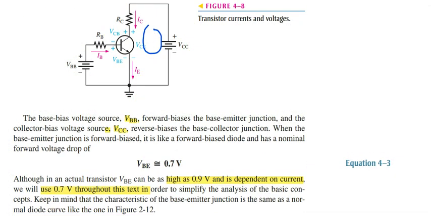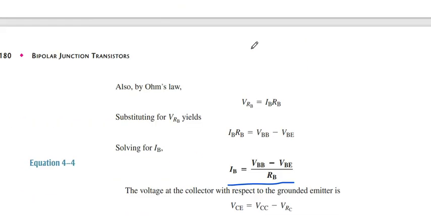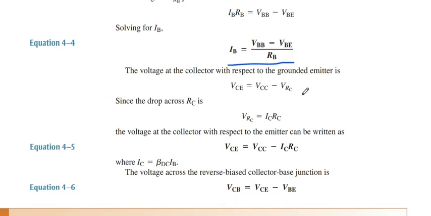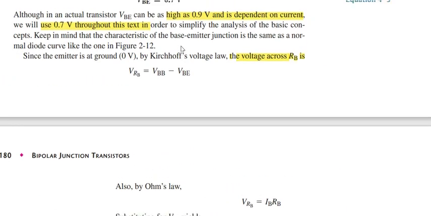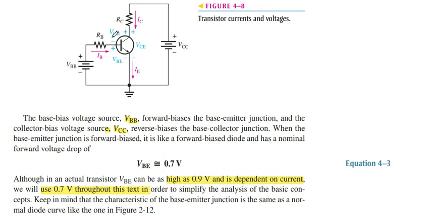When VCC voltage passes through this resistance, it is minus, and then we cross this voltage VCE. If we apply Ohm's law on RC, we get VRC equal to IC times RC, and we get the collector current from these equations.